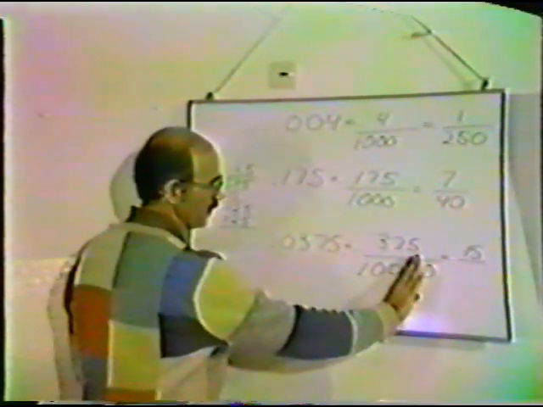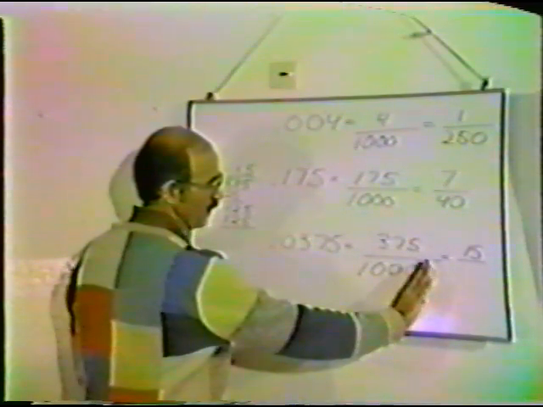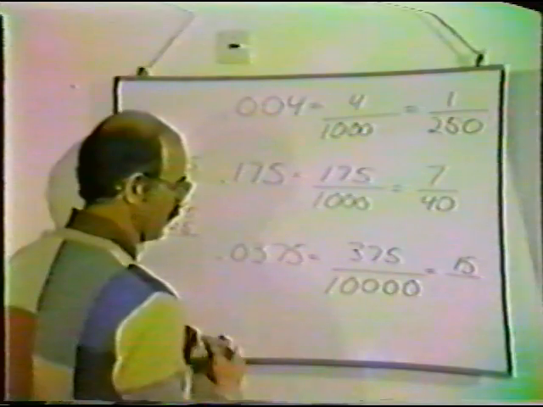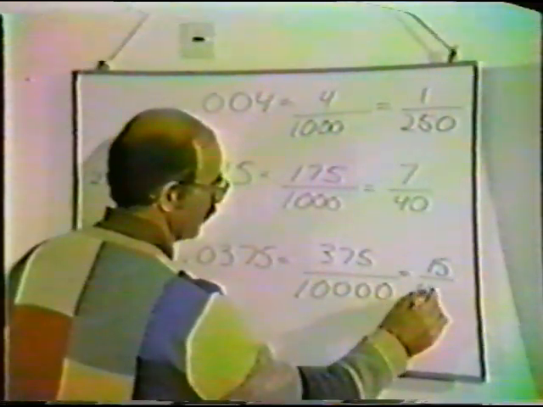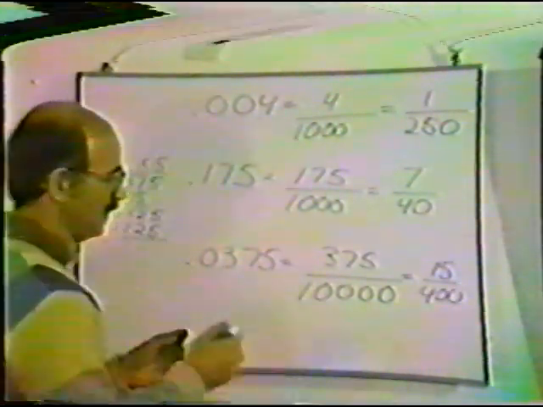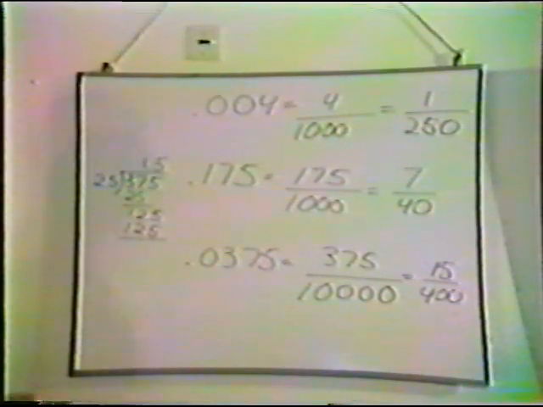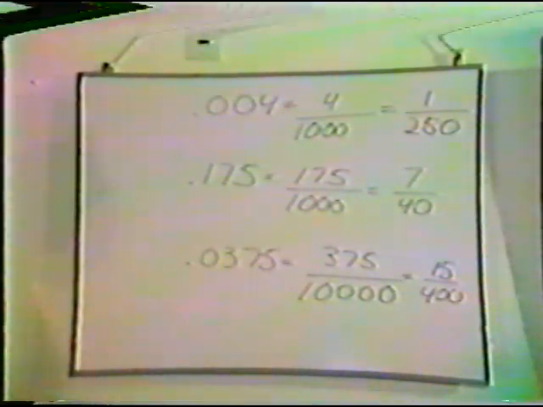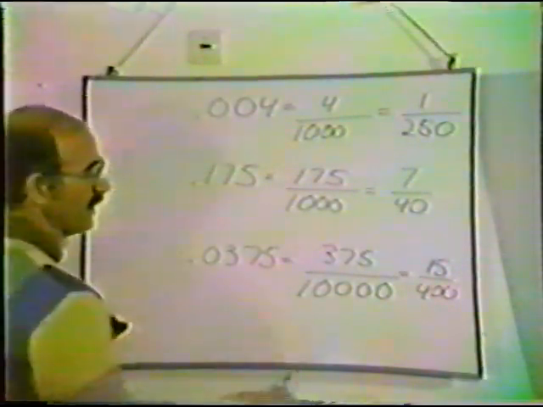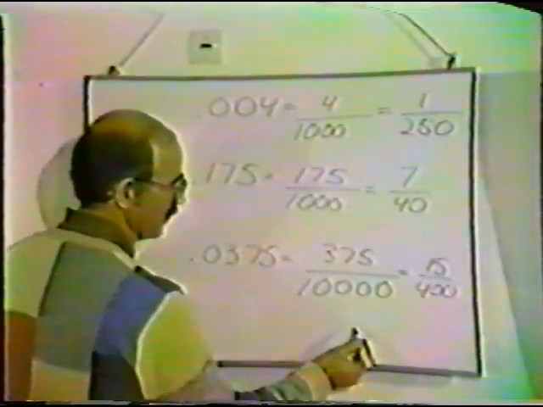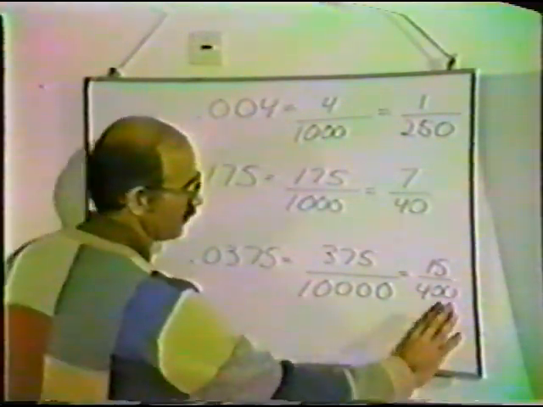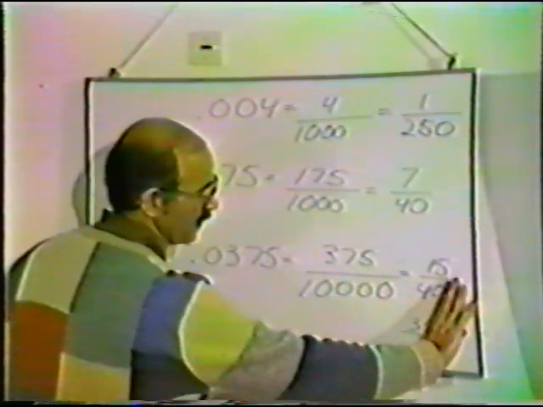25 into 100 is? 4. And then? 40. And then? 400. Is it finished? No. What would you like to hit it with this time? 5. 5 into 15 is? 3. 5 into 40 is? 8.